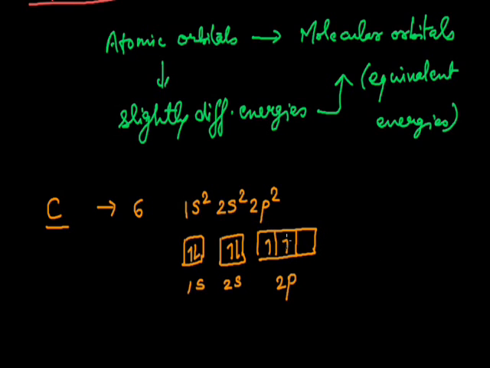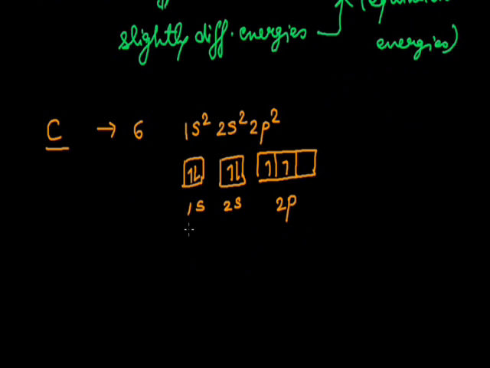Since there are two unpaired electrons present in the 2p subshell, carbon can combine with two atoms of any element, but actually carbon combines with 4 atoms of any element. Why does this take place?